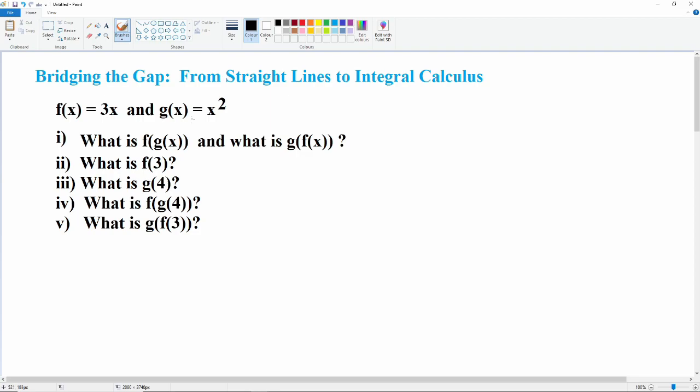Those are our definitions of our functions. So part 1 is asking what is f of g of x and what is g of f of x. That's 2 questions in one. That's cheating. There's not 5, there's 6 questions. Okay, so what is f of g of x?